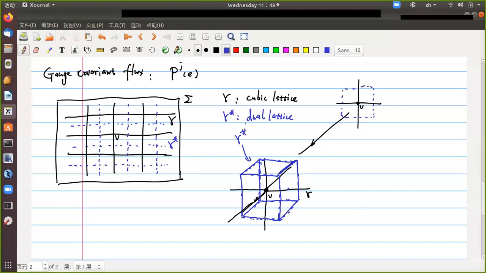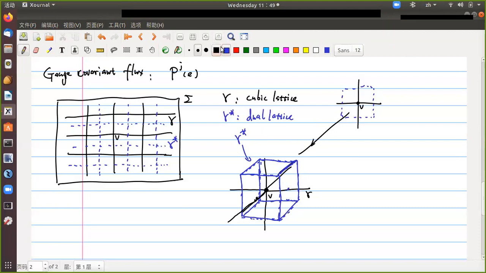So why is this called the dual lattice? It's because here you can see each vertex is dual to a box, a three-dimensional one. So a zero-dimensional vertex is dual to a three-dimensional dual box, and an edge in the lattice gamma is dual to a two-dimensional surface. So a one-dimensional edge is dual to a two-dimensional surface. And you can also see a face in the lattice.